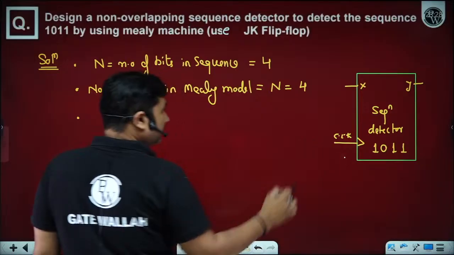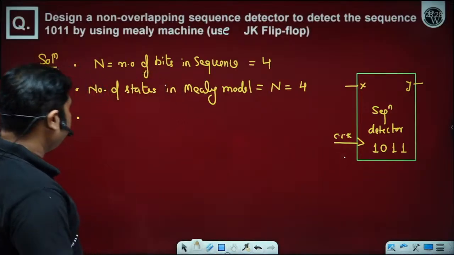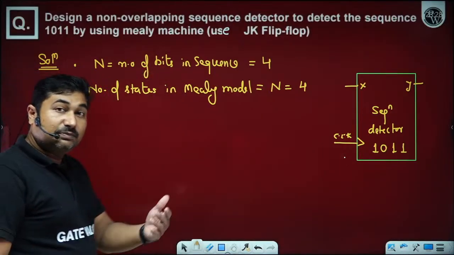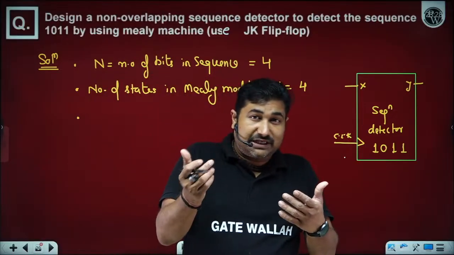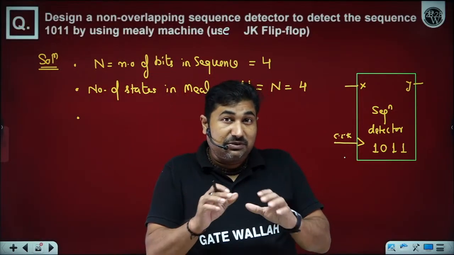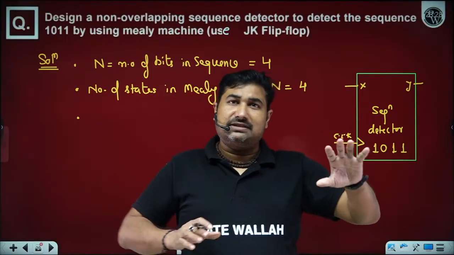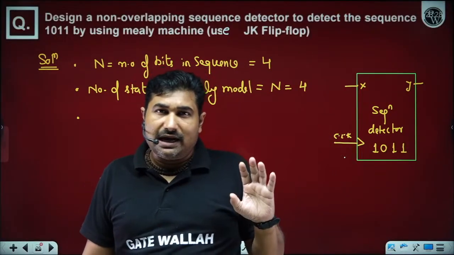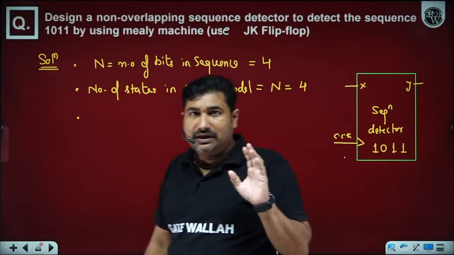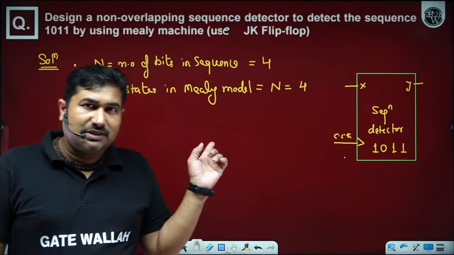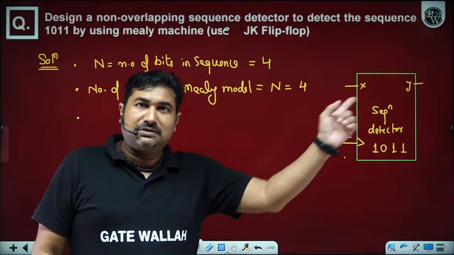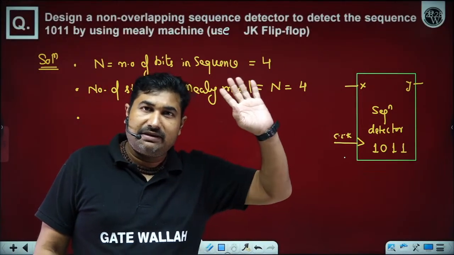Let us suppose you say to me, sir, I am going to send you a message in a coded form. For that you can design one decoder, and while designing your decoder you can use this 1, 0, 1, 1. This 1, 0, 1, 1 is a decoder of my message.